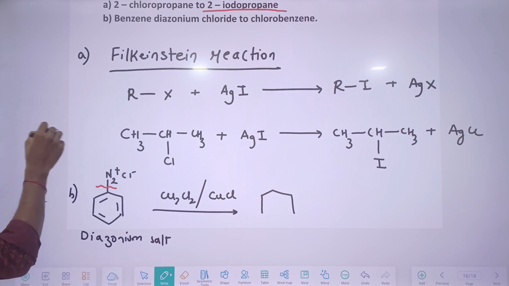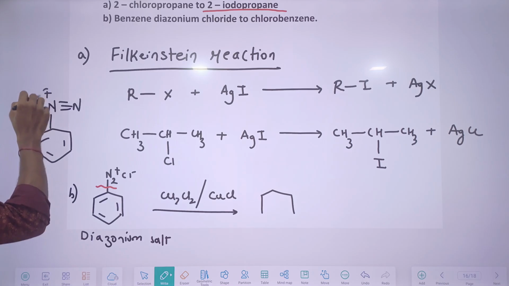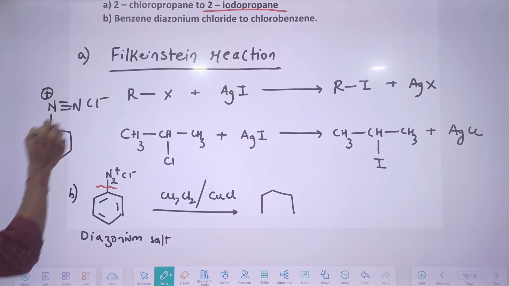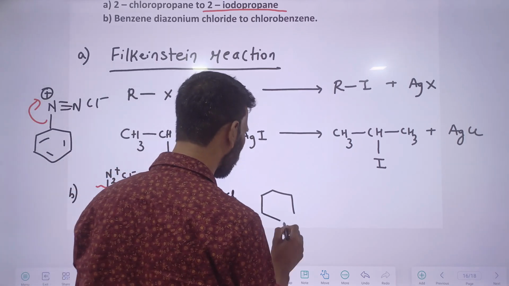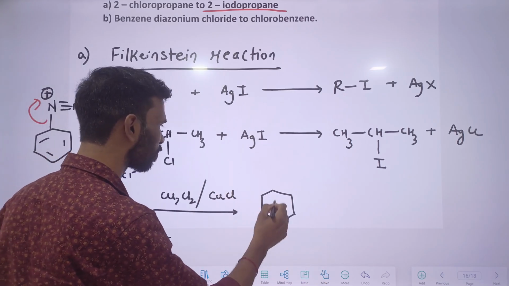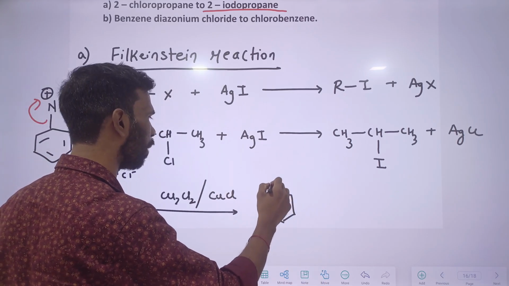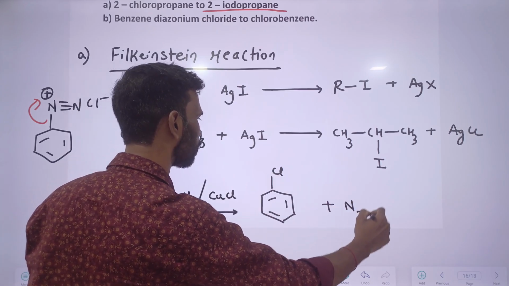The diazonium salt structure is this way: nitrogen double bond nitrogen, there is a positive charge over here, and the counter ion is Cl minus. To give stability to this, it breaks very easily. And thermodynamically, it gives nitrogen, entropy is increased. Nitrogen gas will be released over here.